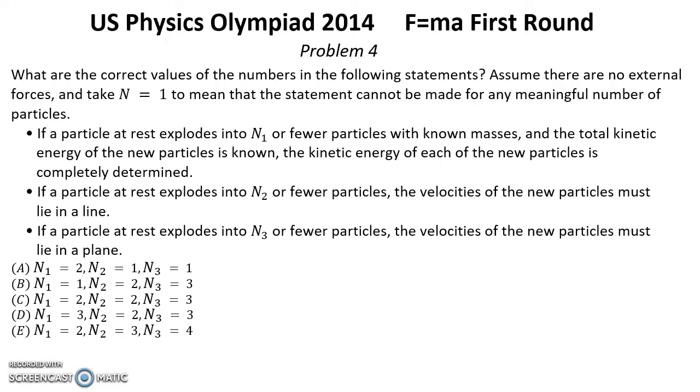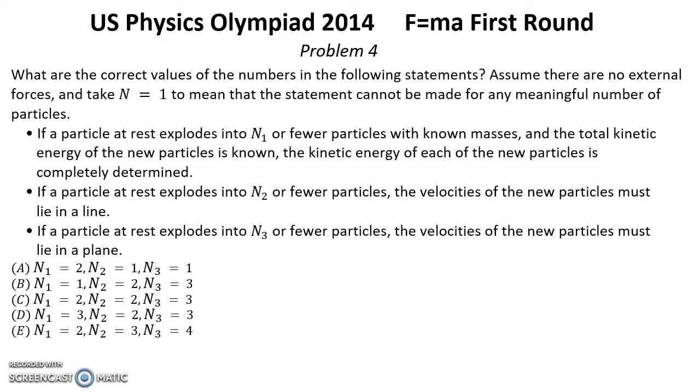Meanwhile, n1 is at most 2. Consider 3 identical particles where, among many other possibilities, any one could emerge at rest with the energy split equally among the other 2. In the case of 2 particles, the velocities must be in opposite directions and, as argued, in a straight line.